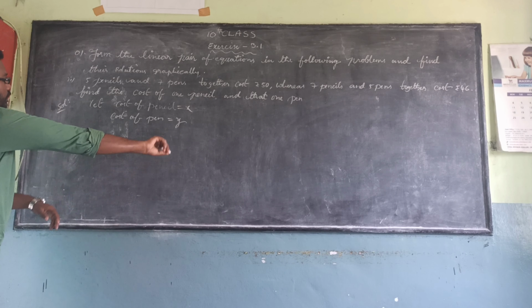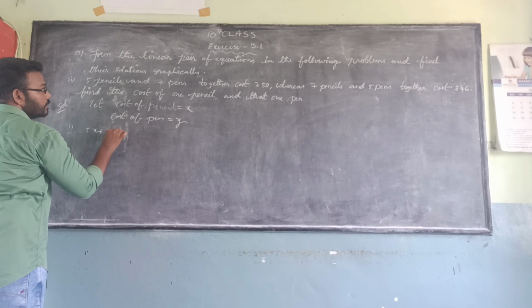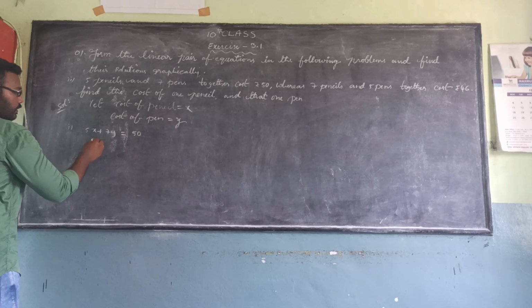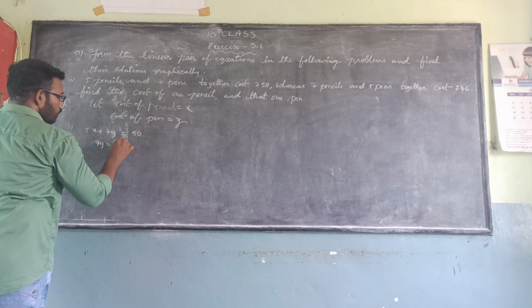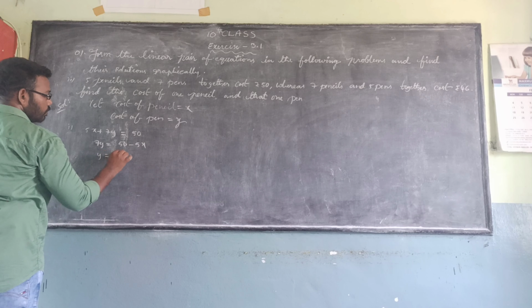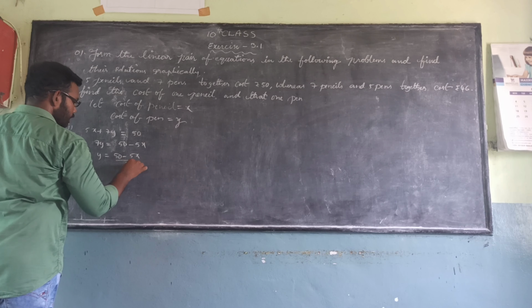Here given the first condition, 5x plus 7y is equal to 50. From it you can write 7y is equal to 50 minus 5x, y is equal to 50 minus 5x by 7.